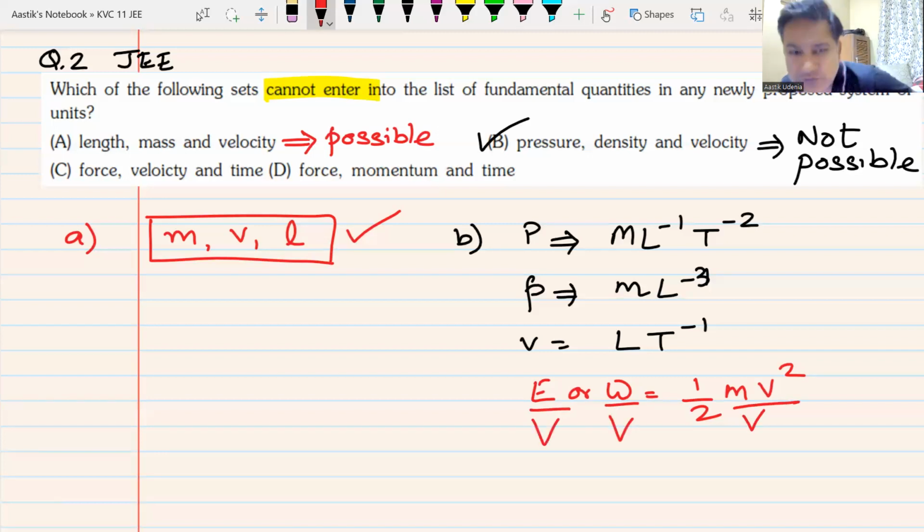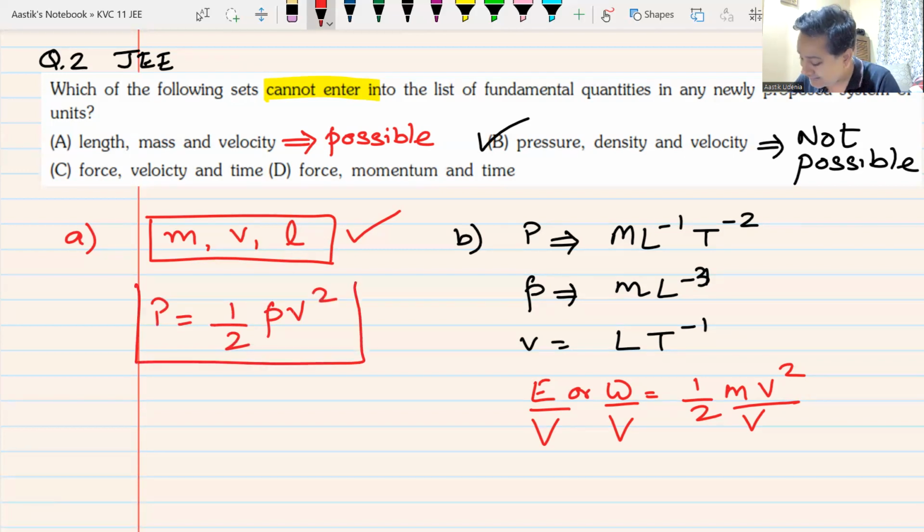Now, how are you going to understand these things? With practice, you will be able to understand this, or you can use dimension analysis to find out whether pressure can be written as rho and V. Actual formula is pressure is half rho V square, and we will see this formula in your chapter on fluids.